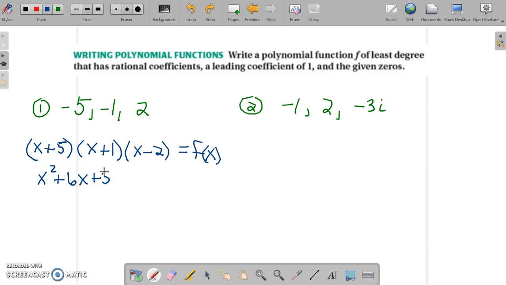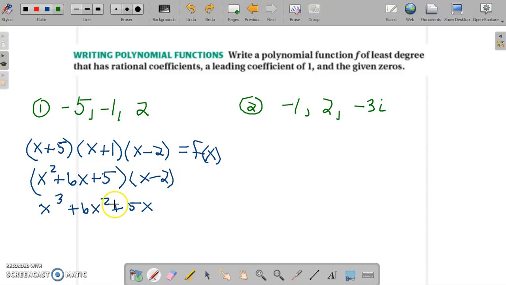Then just like we were doing earlier in section 2, you're going to multiply that by x minus 2, and when you do that you get x cubed plus 6x squared plus 5x, and that's just multiplying the x times everything in the polynomial.